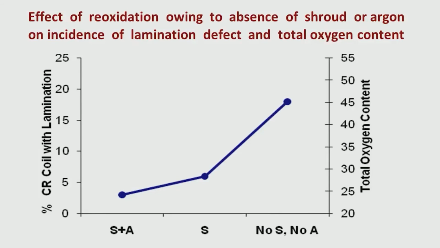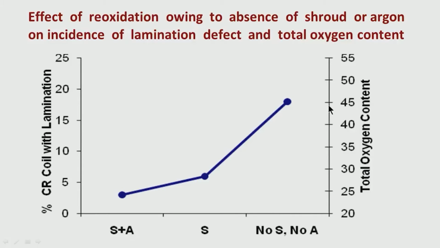Then let me show you what happens if you are not using shroud, either refractory shroud or argon shrouding. We have done a lot of experimentation with this for a continuous caster. If we do not use shroud or argon, what is the level of total oxygen content?